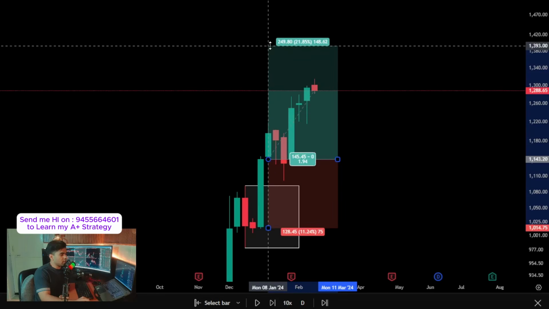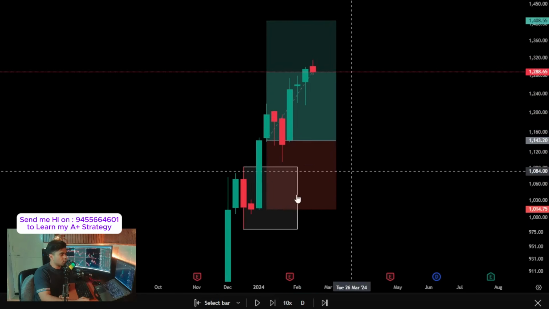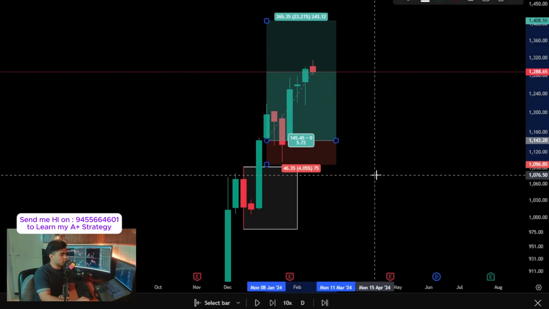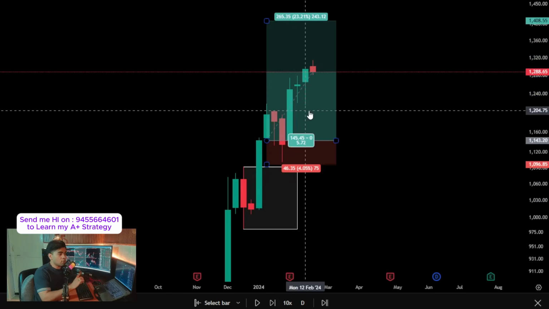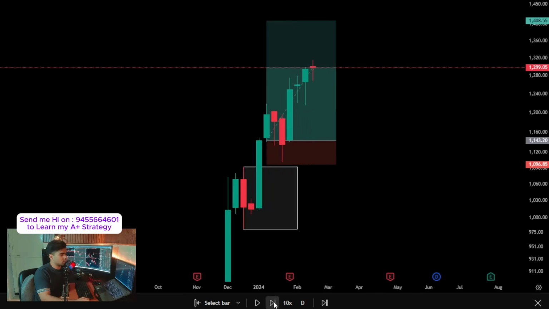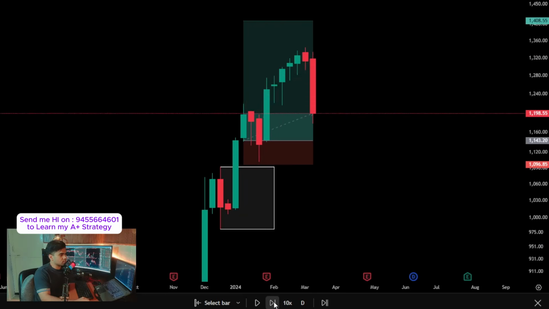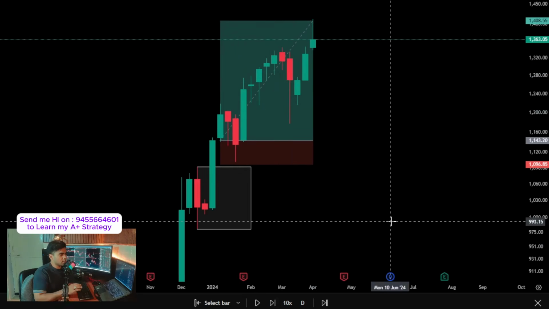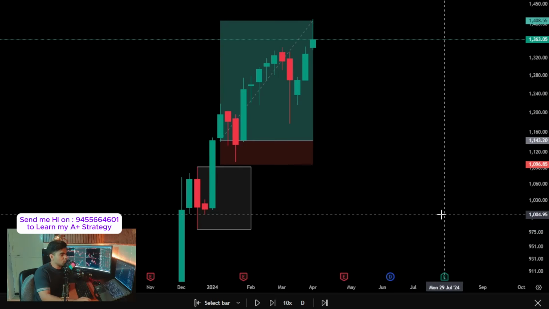Now I would like to go for 1:2 from this point, and then I will take my stop loss below the previous swing low. This will give me a 1:5 risk reward ratio from this point onwards. You can see that some patience, and that's how you book your target.